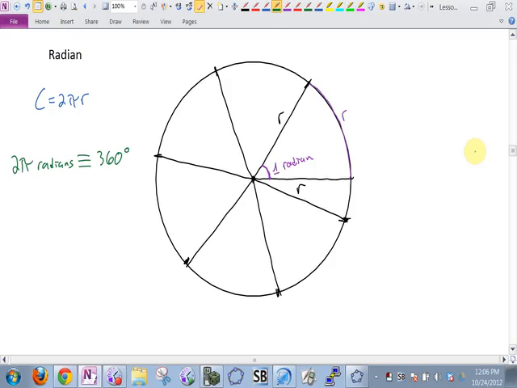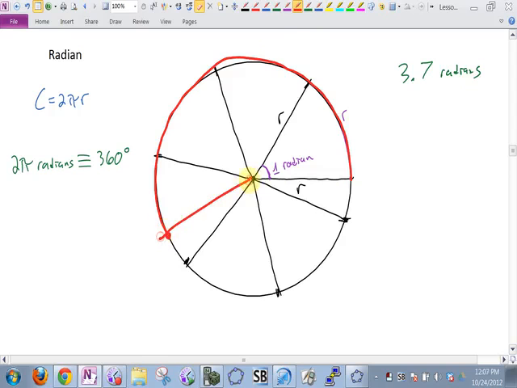So if I wanted to know, what does an angle of 3.7 radians look like? I would travel 3.7 r values around the outside. So here's a distance of r, here's a distance of 2r, here's a distance of 3r, here's a distance of 3.7 r's.